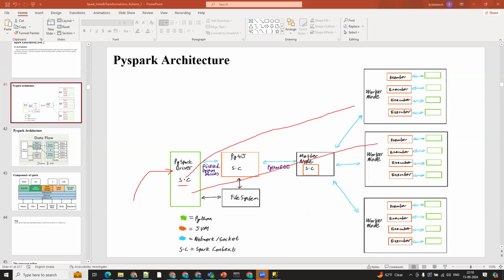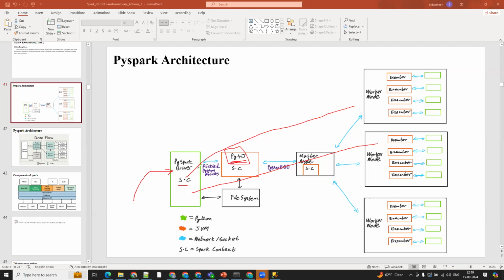Py4J, for context. What is this? Does anybody know the full form of this? Python for Java. PY, Python. 4 means for. J means Java. Python for Java. What will this guy do?